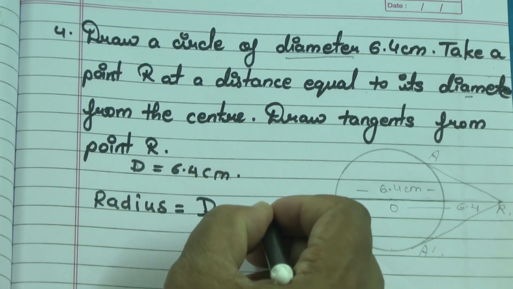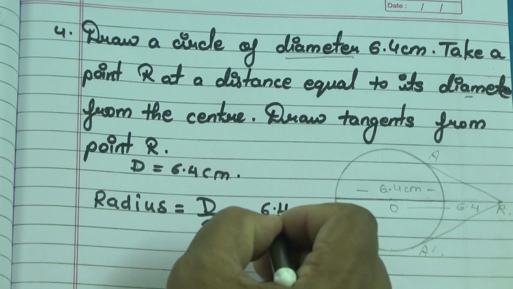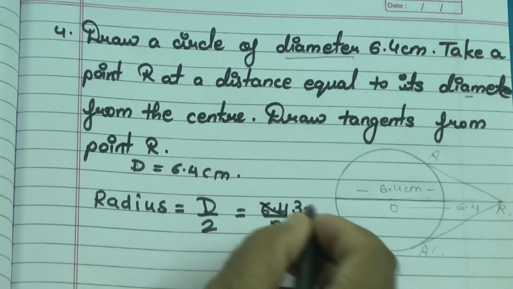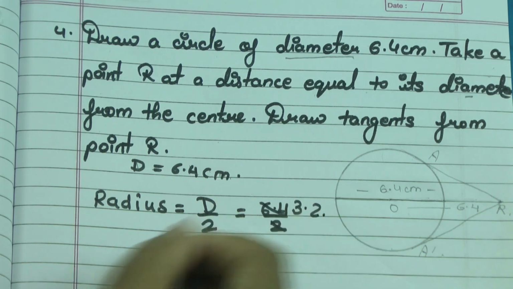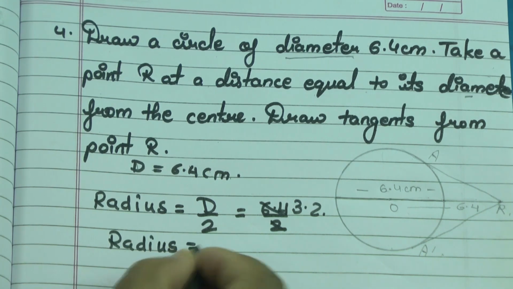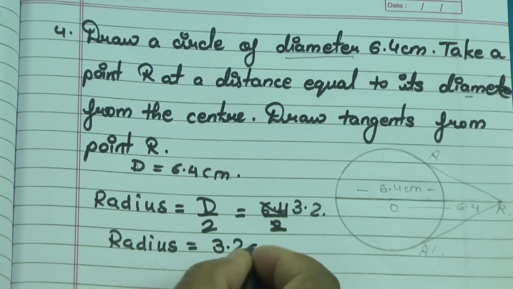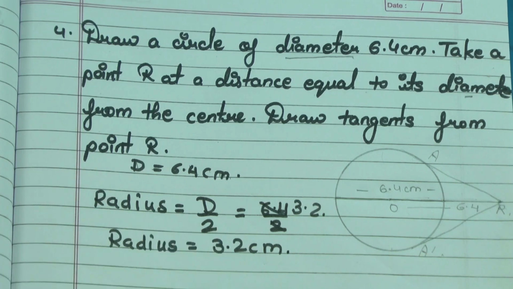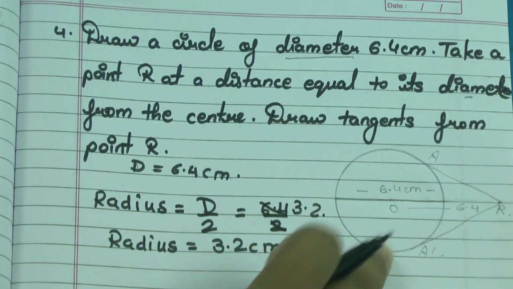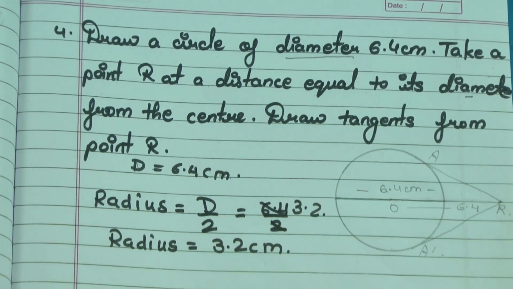Diameter is 6.4 upon 2. If you divide, you will get 3.2. So the radius of the circle is 3.2 centimeter. Now we have to take radius of the circle as 3.2 and then draw the circle. And automatically we will get the diameter 6.4. So now we will see the construction.